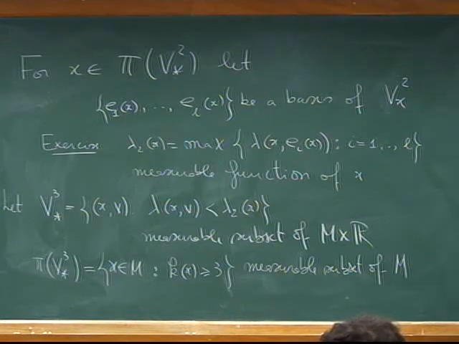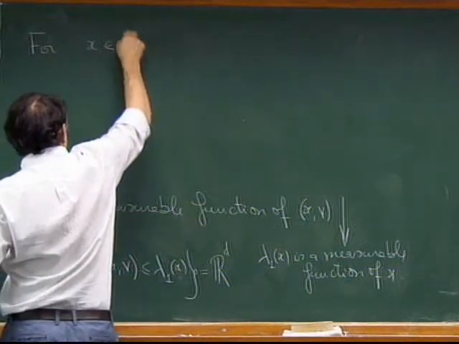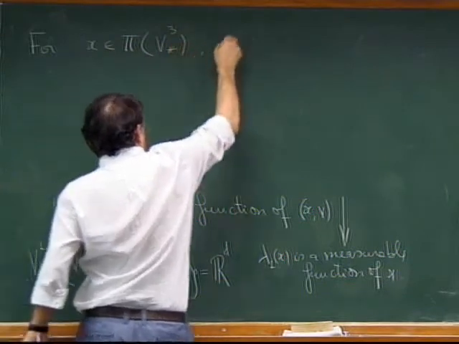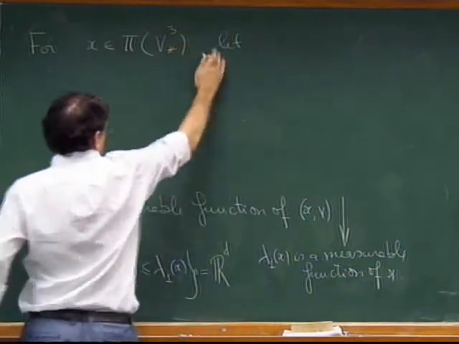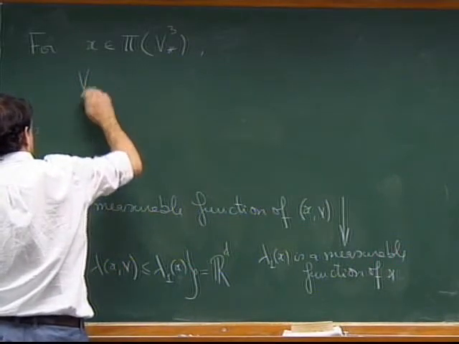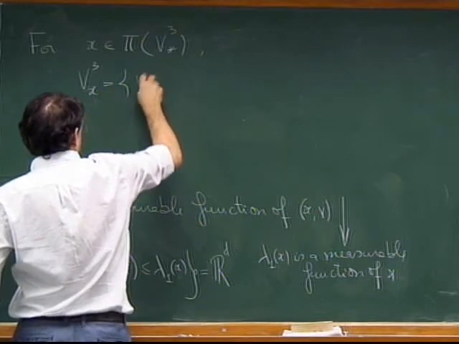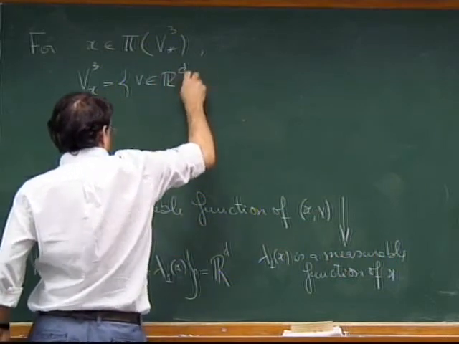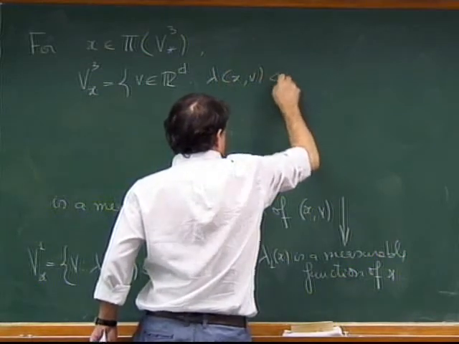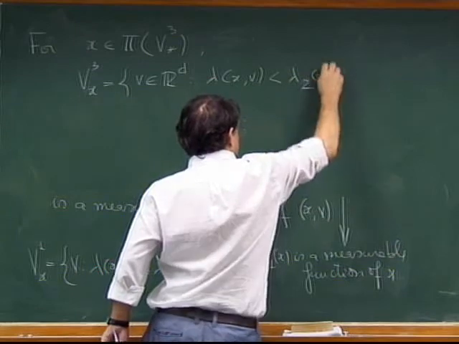And then for x in this projection, let we have V3x equal the set of vectors in R^d such that lambda x v is less than lambda 3, less than lambda 2, sorry.